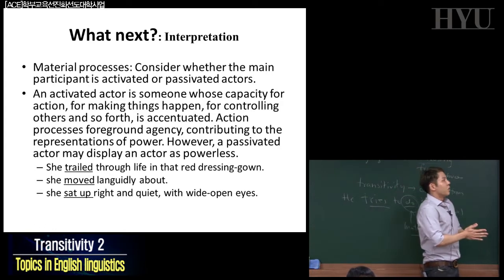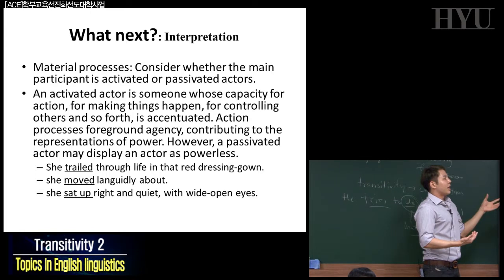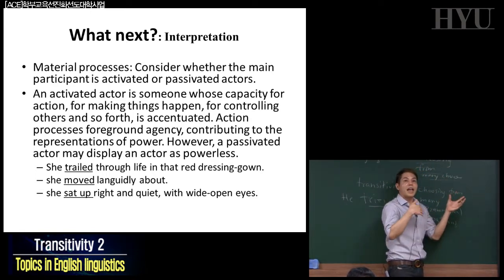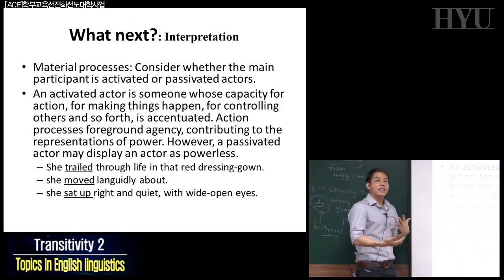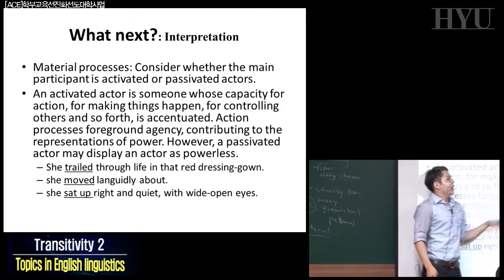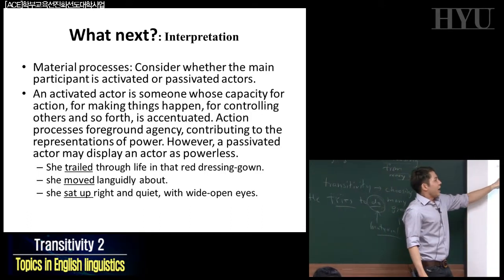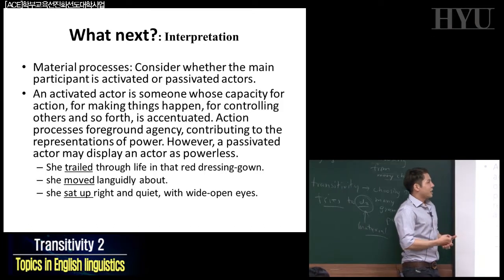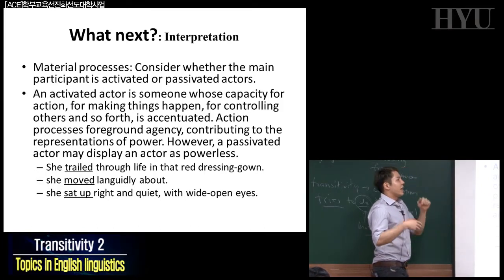So what you have to do is look at what the main participant might be. And the main participant is activated or passivated. Activated meaning someone who is acting with power. And passivated actors are actors who are not acting, okay?